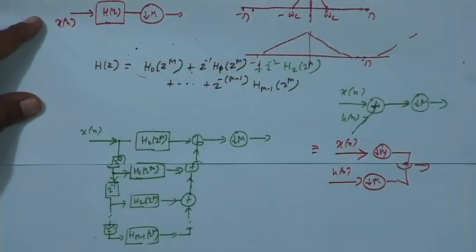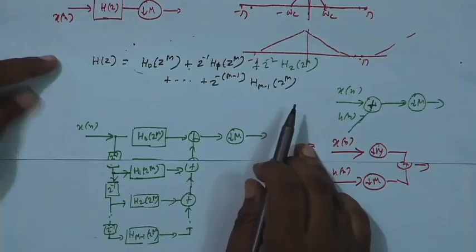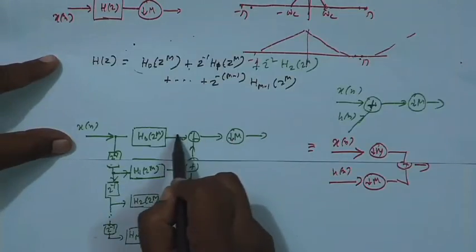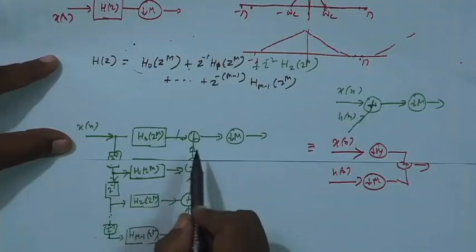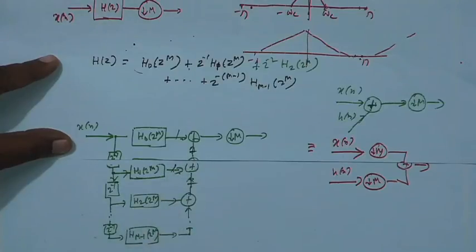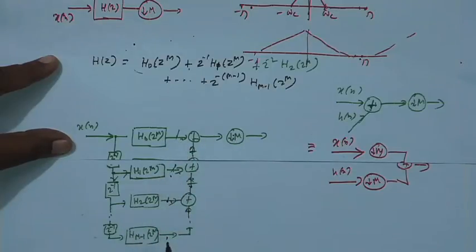Okay. If that be, then these two are getting added then decimated, I can bring the decimator here and here. Again these two getting added then decimated. So, this decimator I can bring here and then here. Again these two are getting added then decimated. So, this decimator I can bring here and here, like that. So, eventually the decimator will be here, here, here, here. Okay.